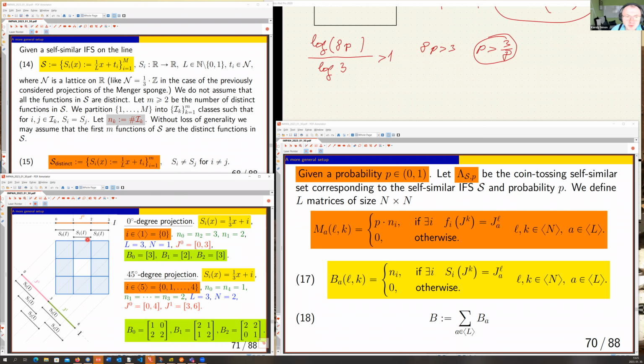And then here are two possibilities: that you take the projection to the coordinate axis, or you take the 45-degree projection, which is the simplest among all projections which are not the coordinate axis projection. Now, for technical reasons, this is not the unit square, but basically the square from 0 to 3.